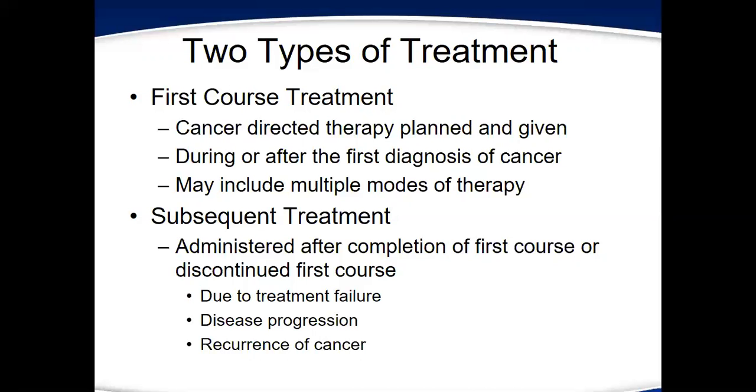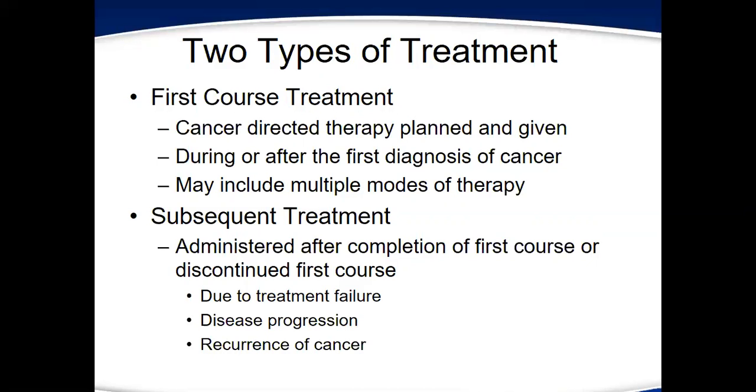Okay, so if someone's on therapy and the therapy fails, stops working, or the cancer becomes worse, and then they change the treatment, that treatment to which they change is subsequent treatment. It is no longer considered first course treatment. It is also considered subsequent treatment when a patient's cancer recurs and starts therapy again. Okay, so just keep in mind, first course treatment, subsequent treatment.